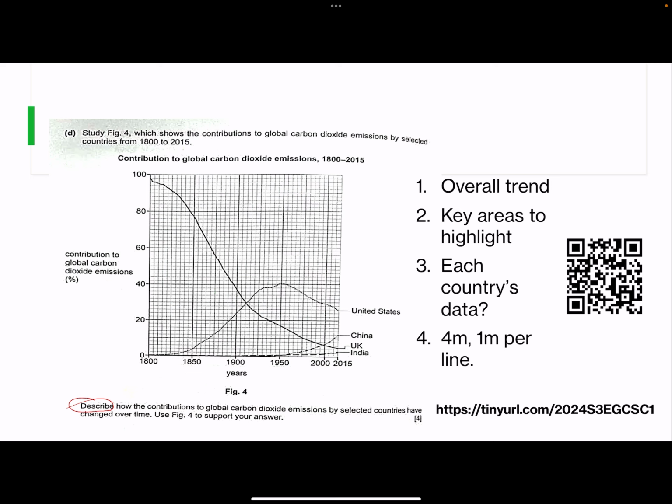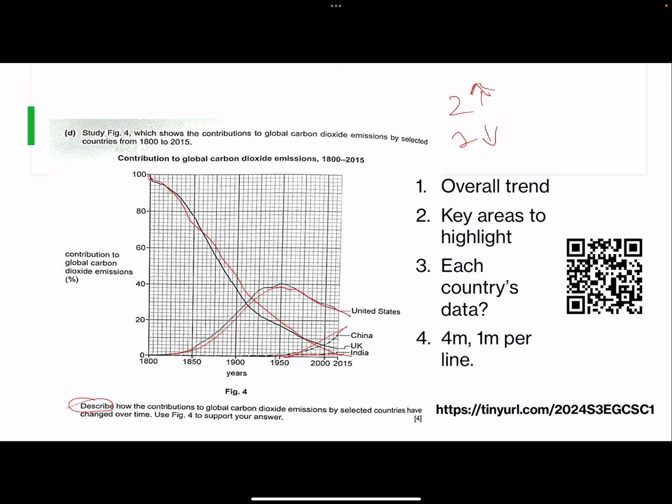What is very important is, for each of them, the overall trend. If you look at it very carefully, is there an overall trend that's common among all 4 of them? There isn't, because if you look at it, what is happening to UK? UK is on a downward trend from the beginning. US is increasing, then decreasing. China is increasing. India is increasing. So there are actually 2 increases and 2 decreases.